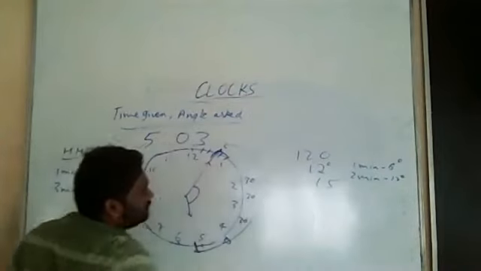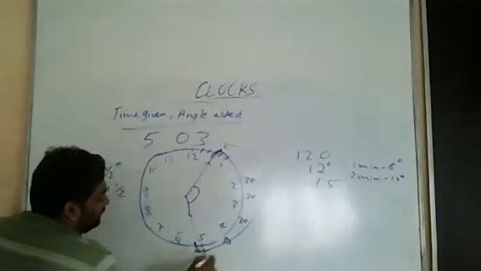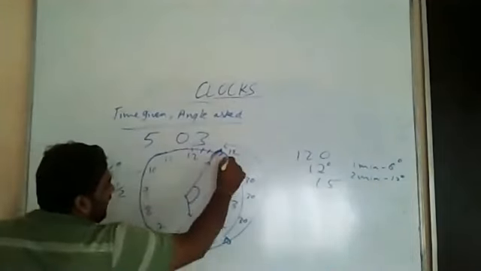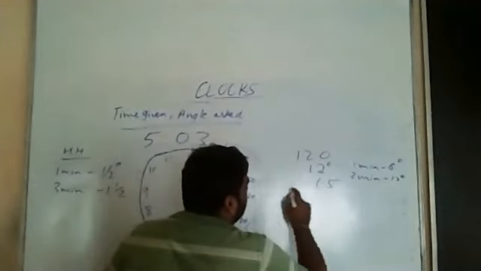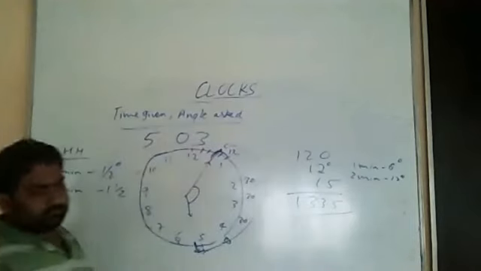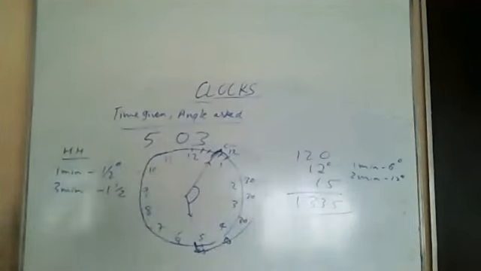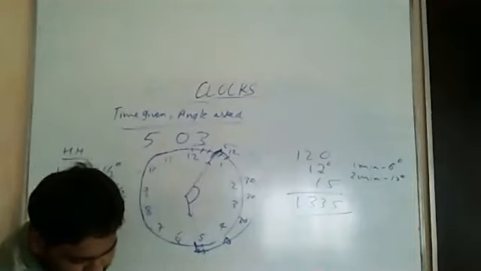So this gap is 1.5. This gap is 12, and this entire gap is 120. So 120 plus 12 plus 1.5 will give me 133.5. Is this okay? Everybody?